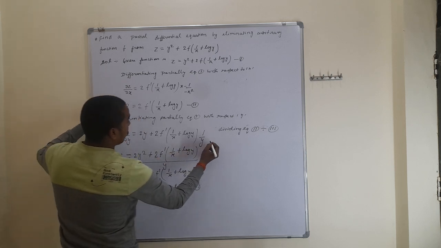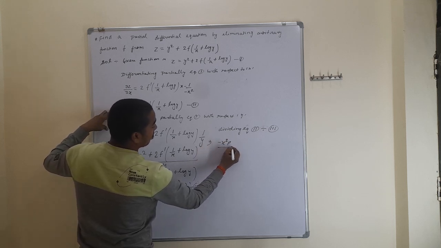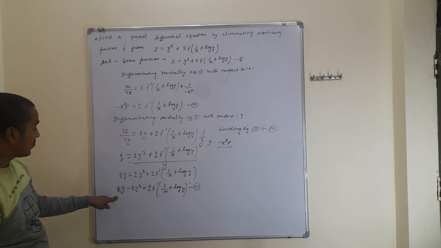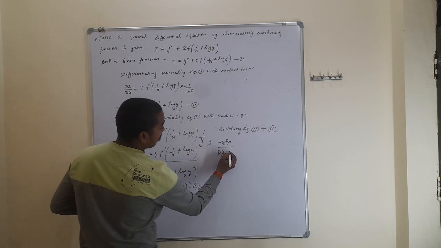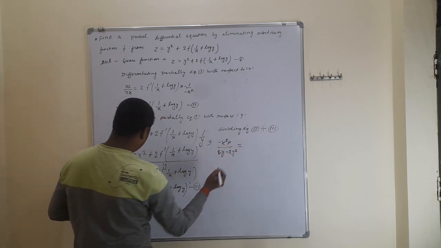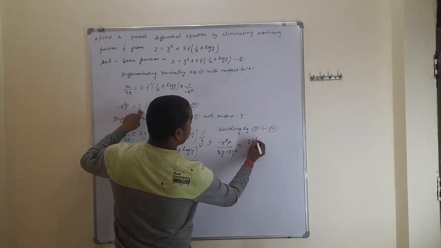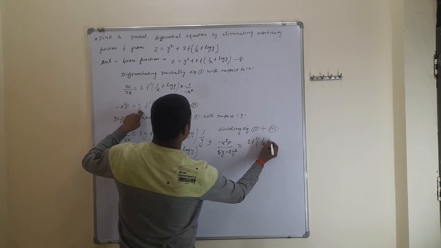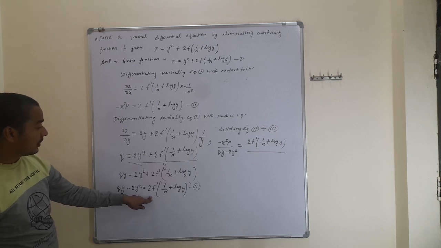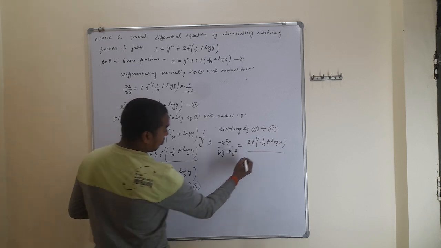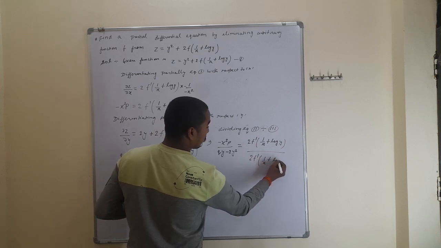The left hand side of equation 2 is minus x² p, and of equation 3 is qy minus 2y², equal to the right hand side of equation 2, 2f'(1/x + log y), upon the right hand side of equation 3, 2f'(1/x + log y).